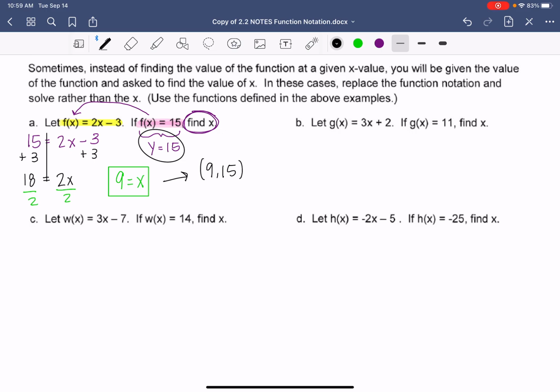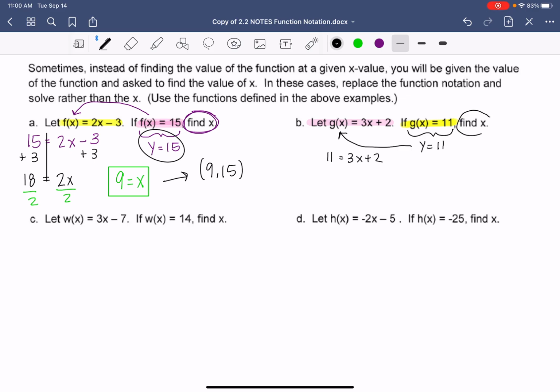Let's do another one. So it says, let G be 3x plus 2. And it tells us that G of x is equal to 11. Okay, so this means that y equals 11. So I've got to plug this in here. So then it's 11 equals 3x plus 2.